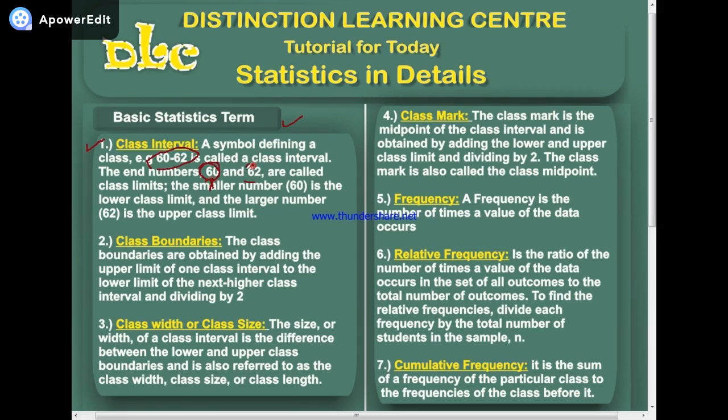But if you want to pronounce the 62, it will be the upper class limit. That means this 60 will be the lower class limit and this 62 is the upper class limit. But if you want to call it together, like 60 to 62, you will call it class interval. So that is what they are trying to explain in that section.